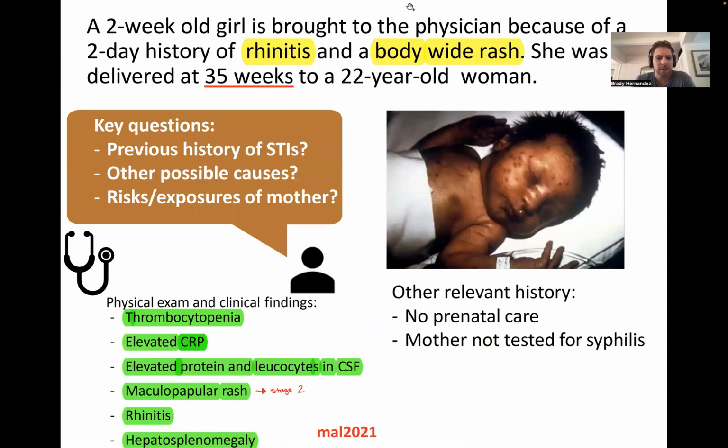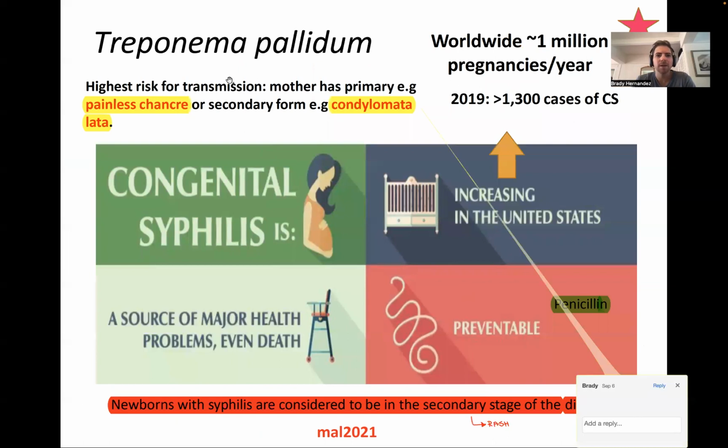All right, so what we've got here: rhinitis, rash, maculopapular rash, stage 2. Maybe this is, oh yeah, syphilis.